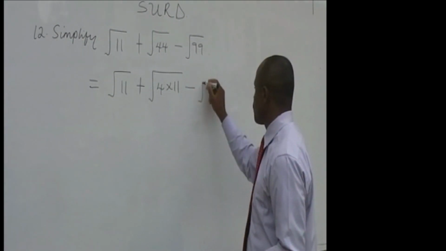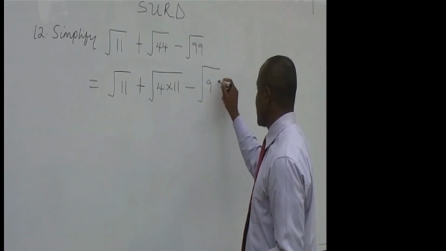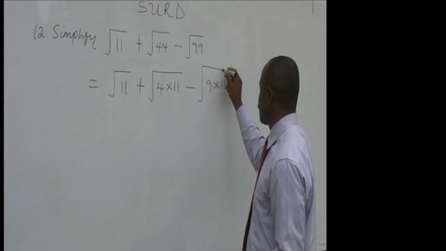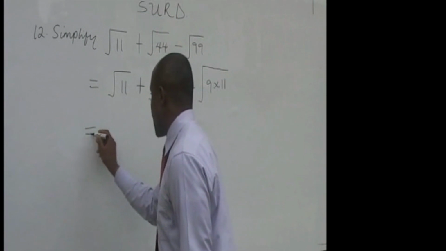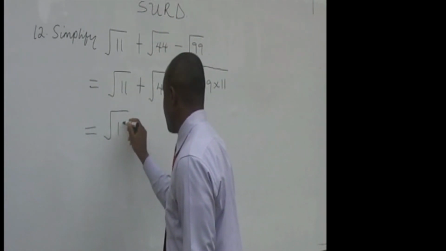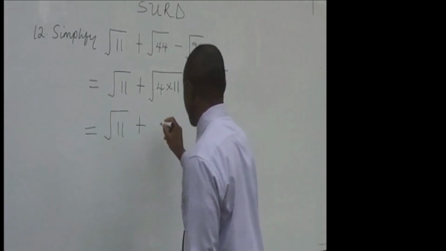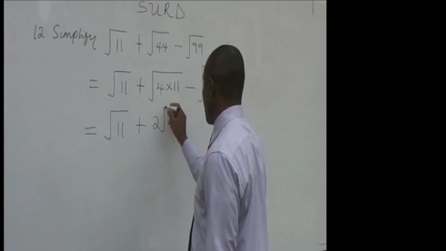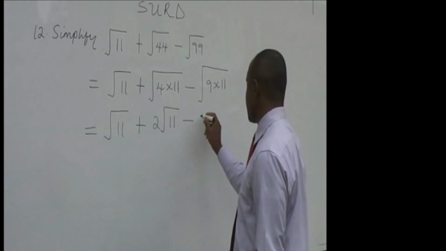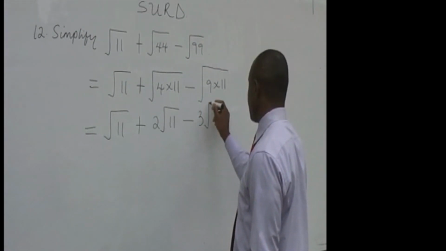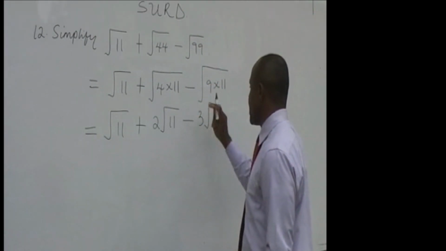we're going to have root 9 times 11. So bring out this and this. So we're going to have root 11 plus 2 root 11. The square root of 4 is 2. Minus 3 root 11. The square root of 9 is 3.